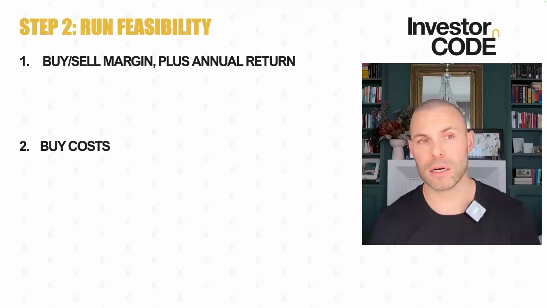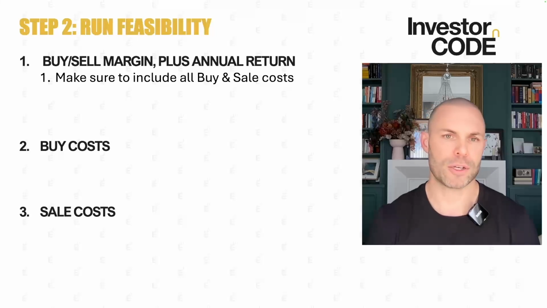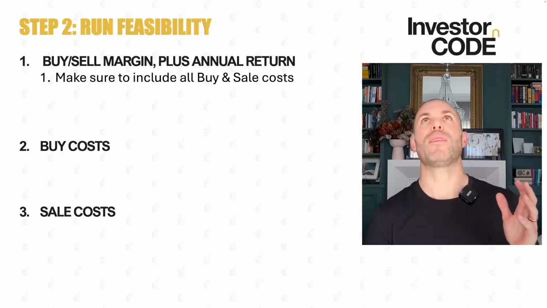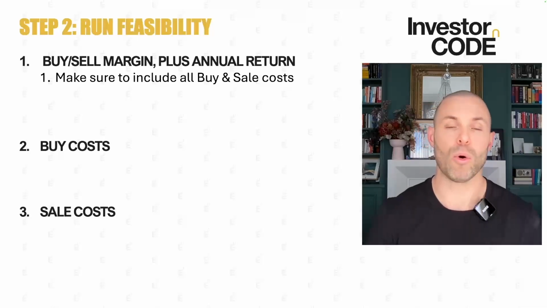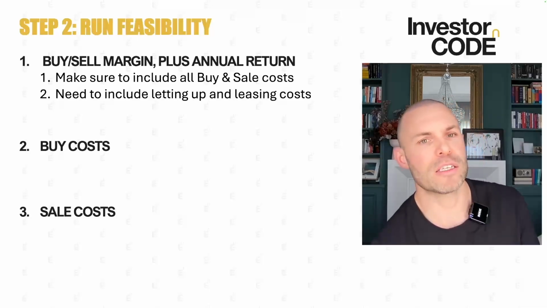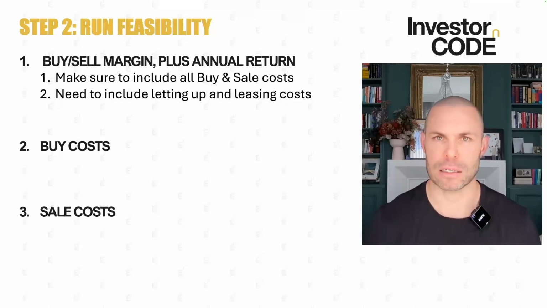Then you've got your buy costs, and you really want to interrogate those. You've got your sale costs, and you really want to interrogate those, okay? So when you're looking at your margin, you really want to make sure that the buying and selling costs are all inclusive. I'll come back to that in a minute as we go down the slide. But the other thing you need to make sure you do is include letting up and leasing costs.